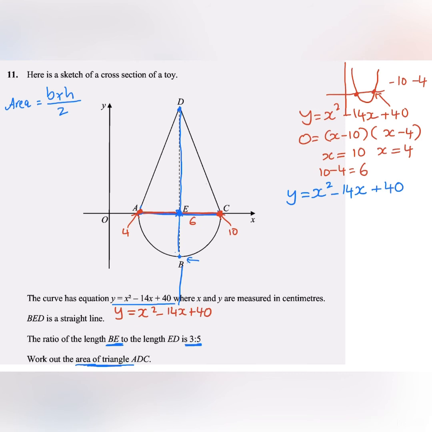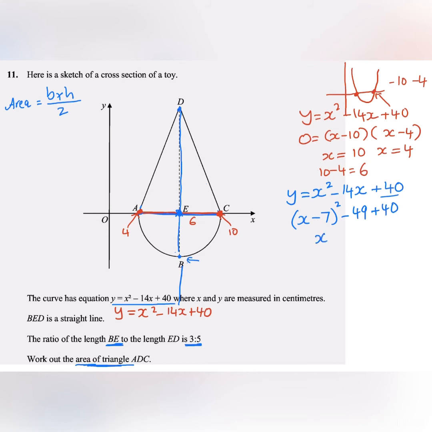Okay, so completing the square would be x minus 7 squared. And remember, we're completing the square. So minus 7 squared is 49. We take away 49, and also not forgetting the plus 40 here.